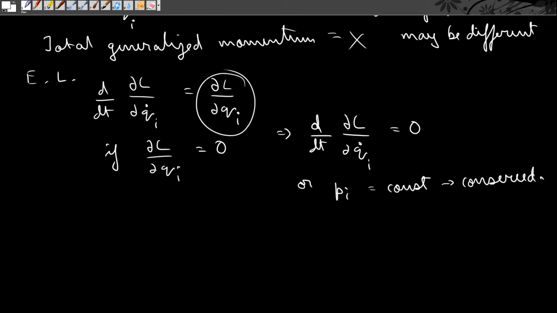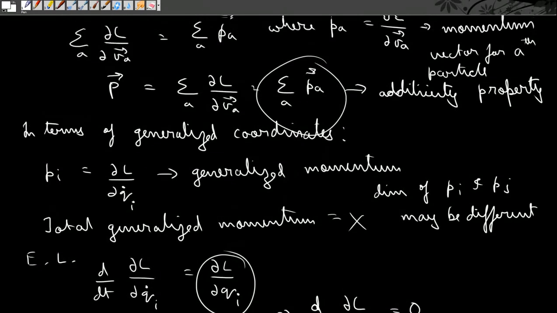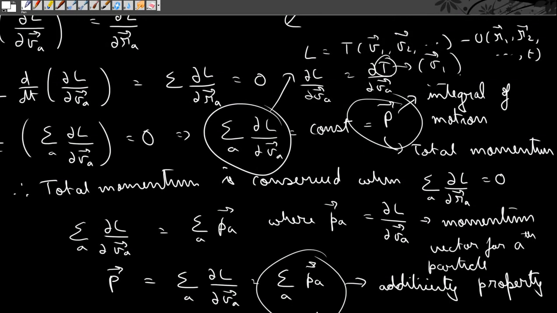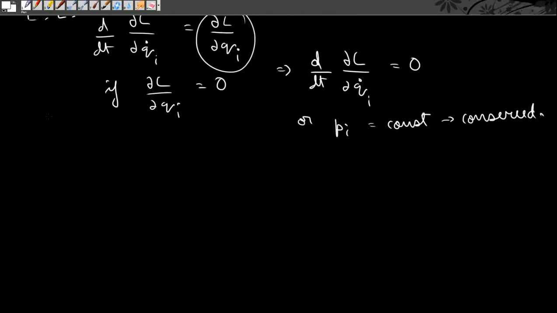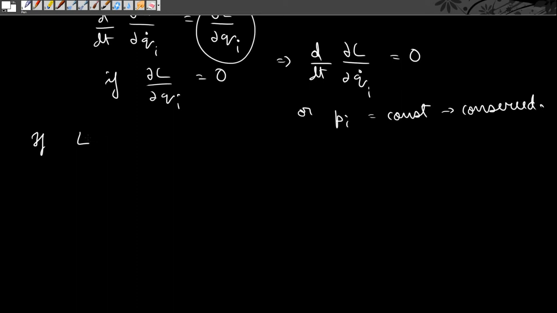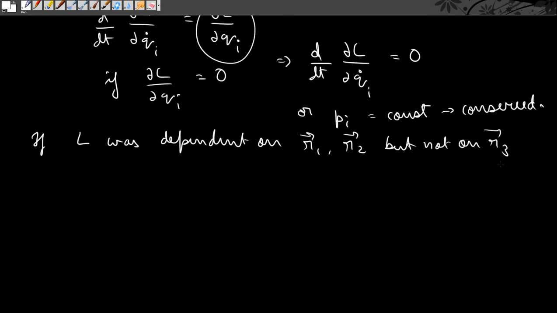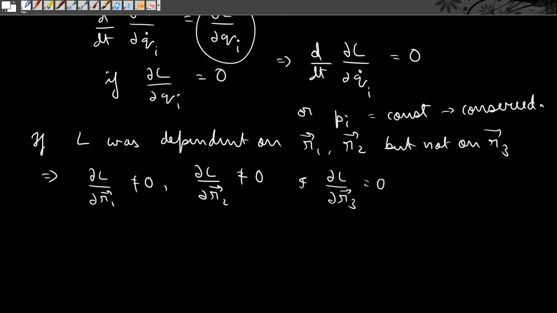We can do the same thing in the case of our previous exercise, wherein we used Cartesian coordinates, and say that if L was dependent on R1, R2 but not on R3, and let us just have 3 particles, this would imply that dou L by dou R1 is not equal to 0, dou L by dou R2 is not equal to 0, but dou L by dou R3 would be equal to 0.